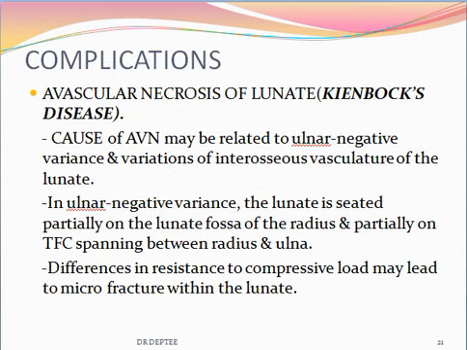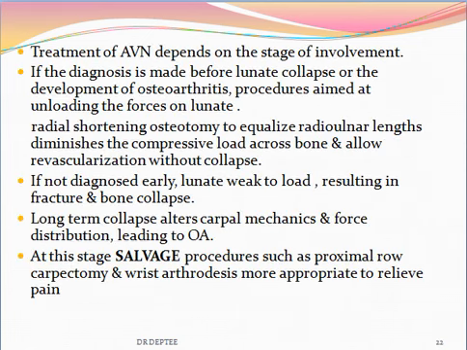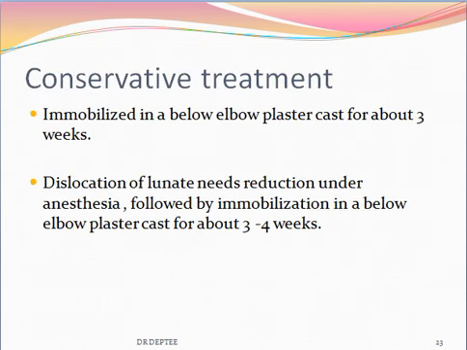The first important complication is the avascular necrosis of lunate, that is the Kienbock's disease. The Kienbock's disease is related to ulnar negative variance and variations of the interosseous vasculature of the lunate. Then treatment of avascular necrosis depends on the stage of involvement, and it has to be treated properly for avoiding further complications.